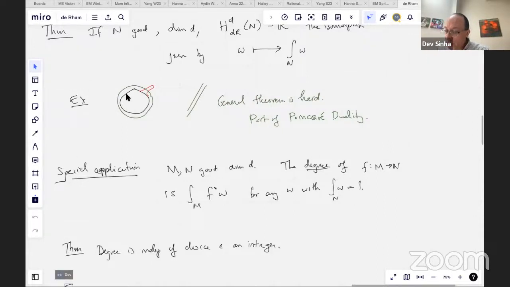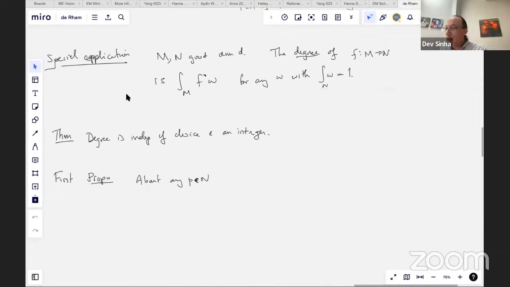So first, let me give a proposition about any point P in N. There is a form omega, which is a D form, so that the support of omega, where it can return some non-zero value for some set of tangent vectors on N, because by the way, the zero form is always a form.